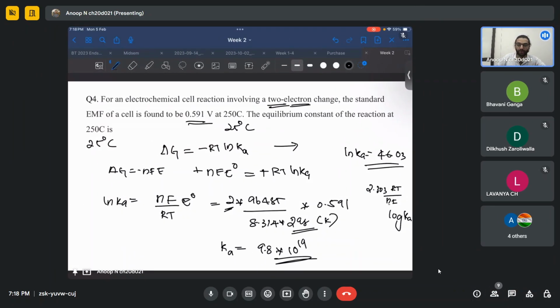If you want to take anti-log, if it is ln, it will be e raised to. If it is log, it will be 10 raised to. That's a basic thing you have to remember. Shall we move to next problem? Anyone have any doubt? If there is no doubt, we'll move on to the next question, fifth question.